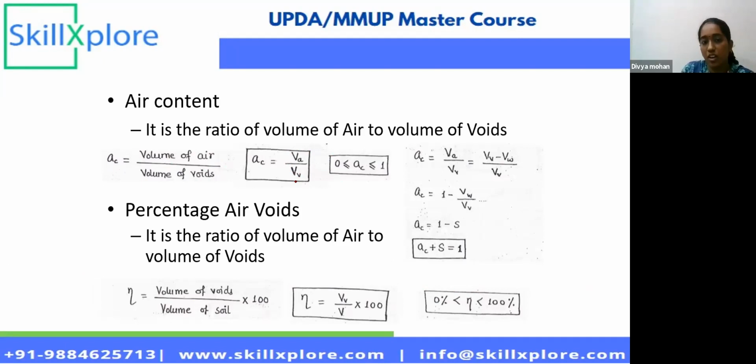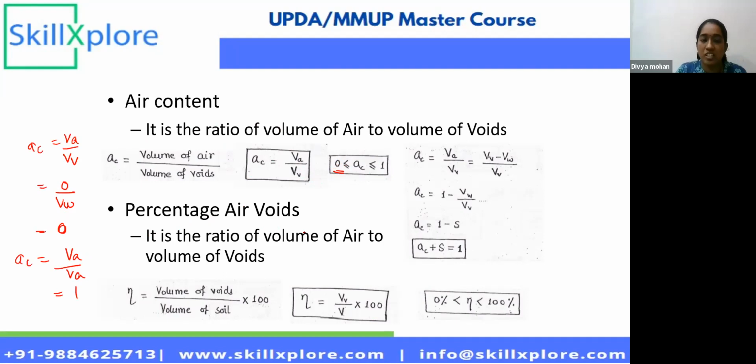For air content, the convention is to tell it in decimals. For a fully saturated soil, VA is 0 and VV becomes VW, so this value will be 0. So AC can attain a value of 0, and for a dry soil, VV is entirely VA, so it can take a value of 1. So air content can be in the range of 0 to 1. It can take a value of 0 and also a value of 1.